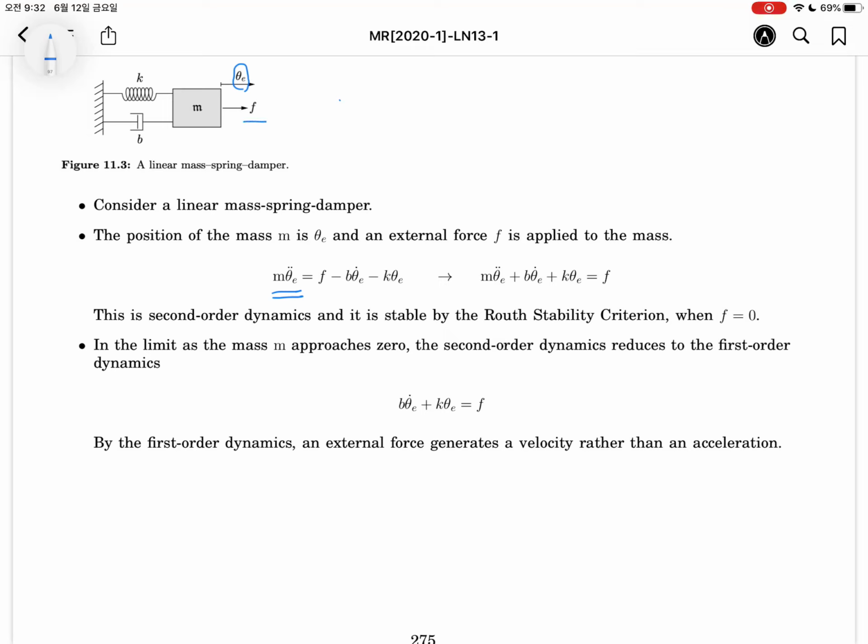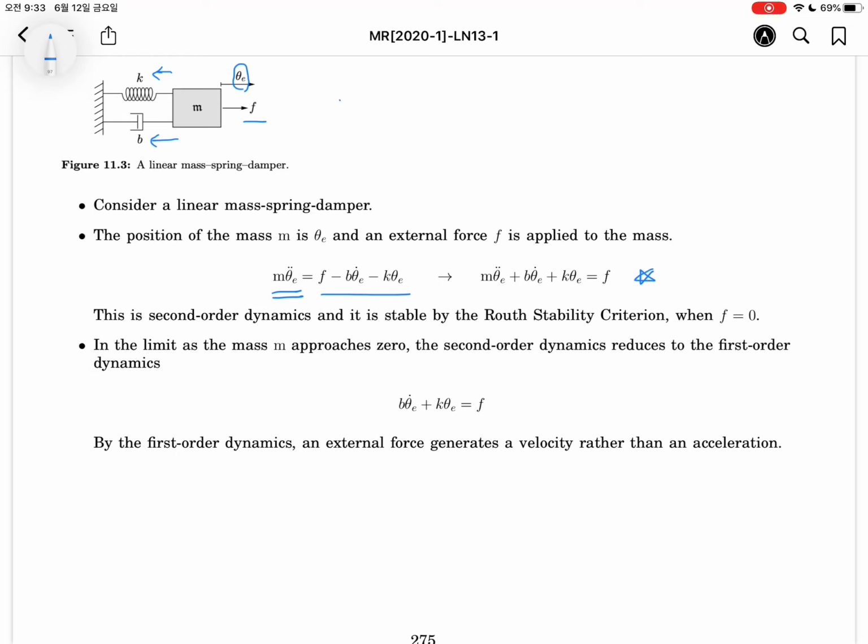In here, we have three external forces. F is given as usual, and minus k theta e minus b theta e dot act against motion. So it is the external force.